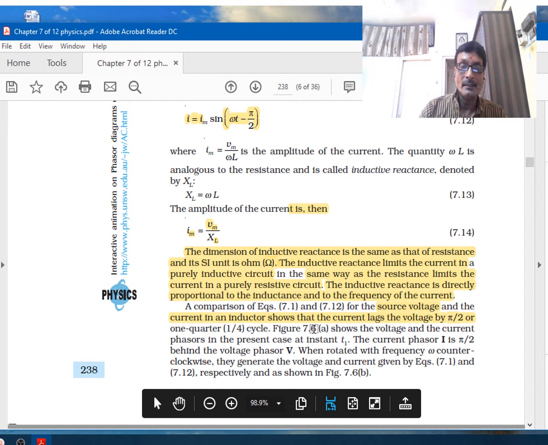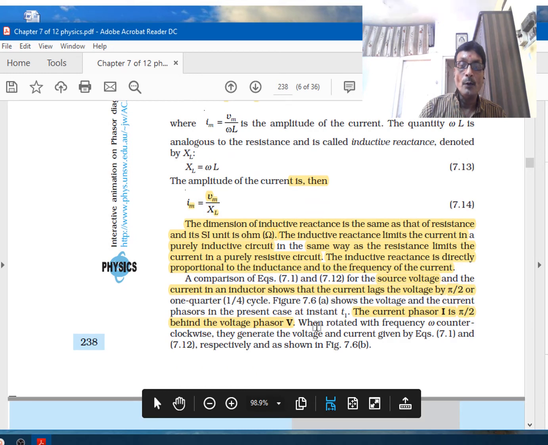That is a quarter cycle. Figure 7.6 shows the voltage and the current phasors. In the present case, at instant t1, the current phasor I is pi by 2 behind the voltage phasor V. When rotated with frequency omega counterclockwise, they generate the voltage and the current respectively, as in the figure.